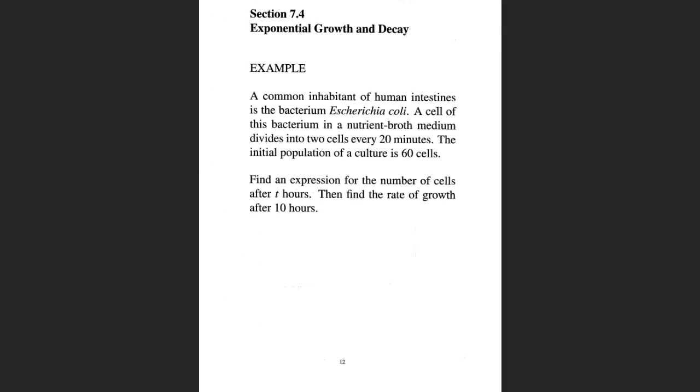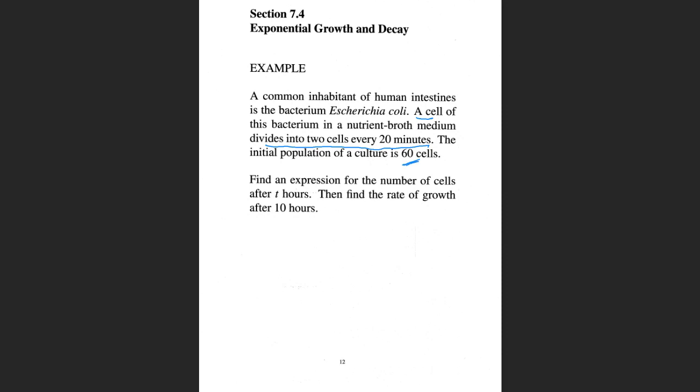Go back here to the... whoops, hold on. It says that a cell divides into 2 cells every 20 minutes, or every third of an hour. And you're starting out with 60 cells.